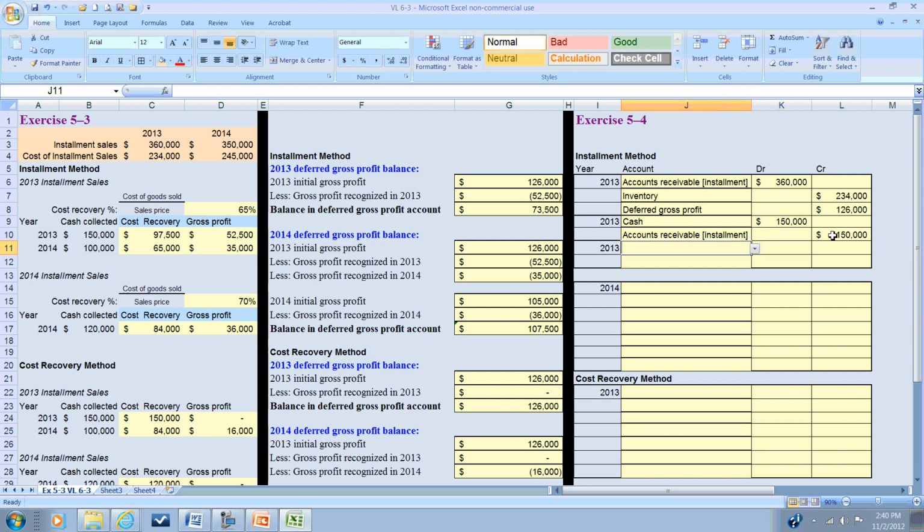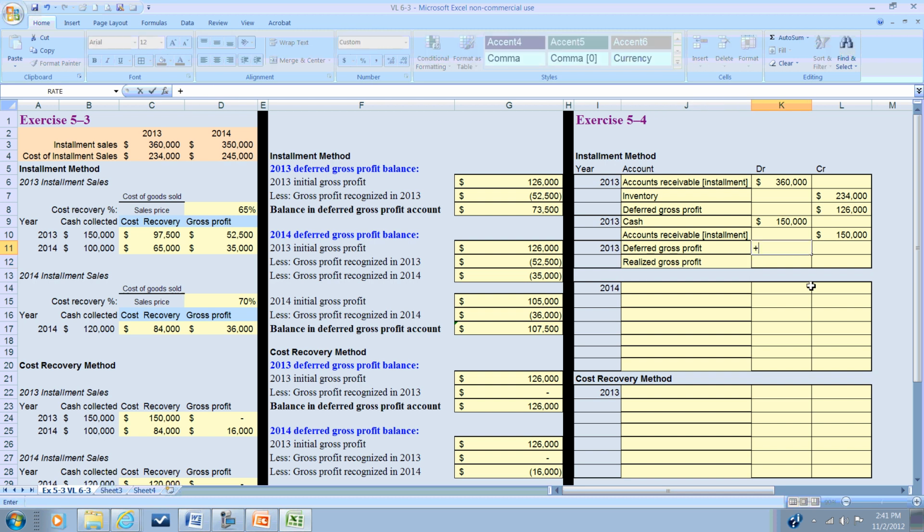But when we collect the cash that allows us to recognize some deferred gross profit, the deferred gross profit will be reduced through a debit, and instead of crediting revenue, our credit is to realize gross profit, the realization being the collection of the cash. So we said we were going to recognize 52,500, and those are our journal entries.